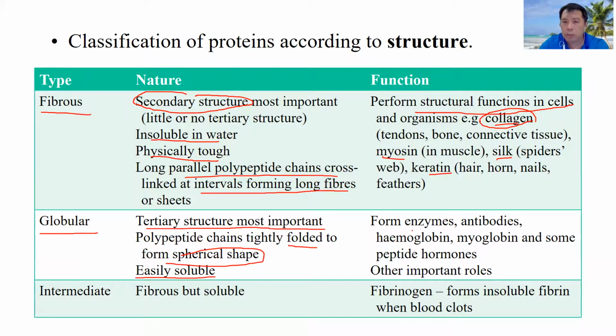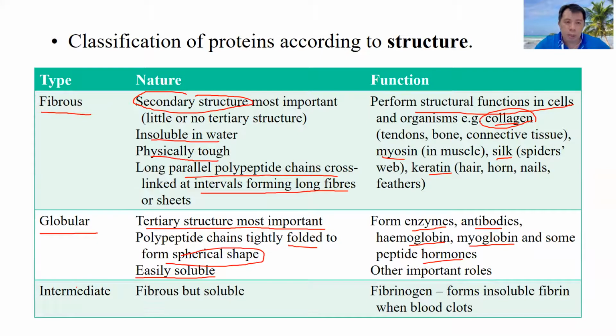Examples are enzymes, antibodies, hemoglobin, myoglobin, and hormones. Some of these proteins reach quaternary structure, but the tertiary structure is most important in determining the shape of the globular protein.